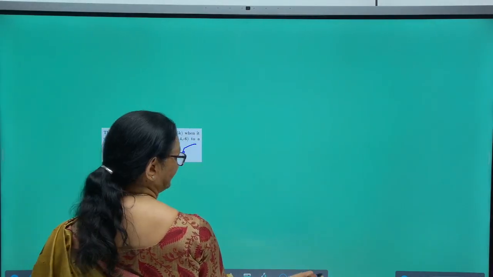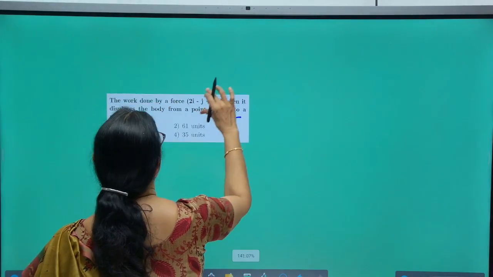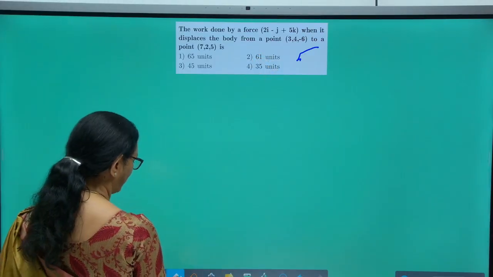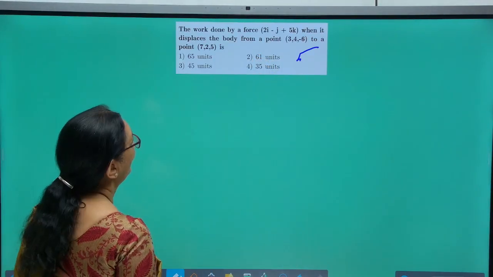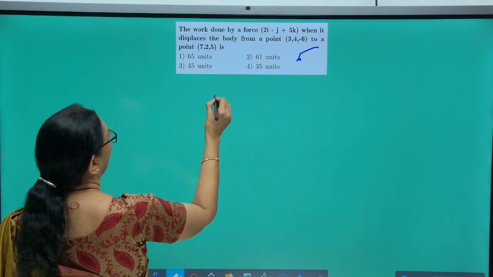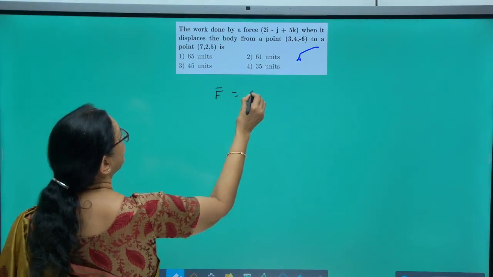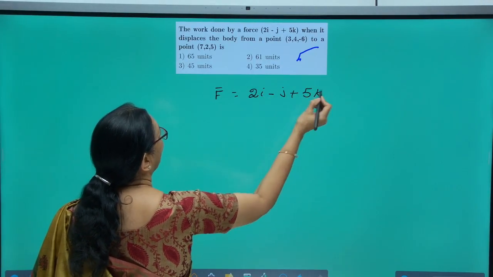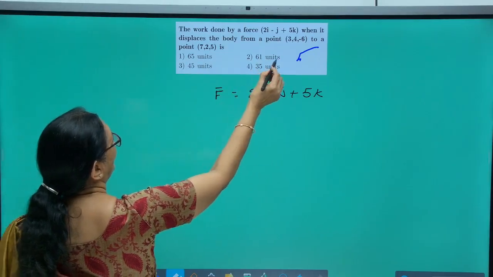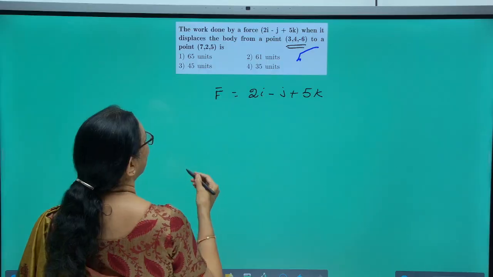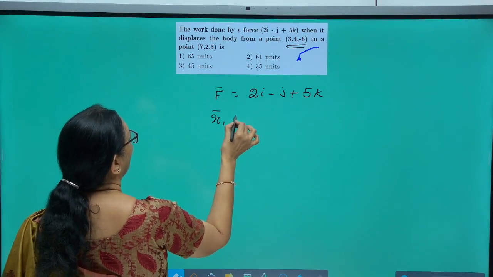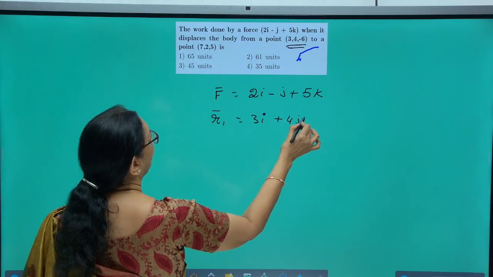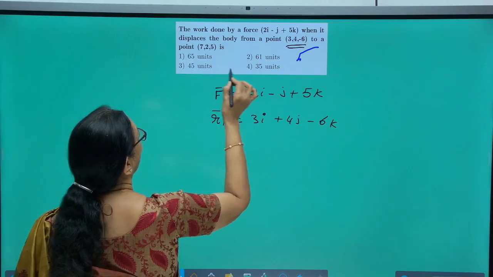So, here, look at this option. Find the work done by the force. Already we have done a similar model. So, force is given as 2i minus j plus 5k. It displaces the body from a point. This is the initial point. So, initial position vector will be 3i plus 4j minus 6k.